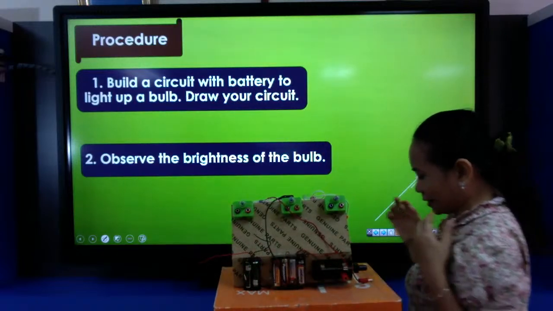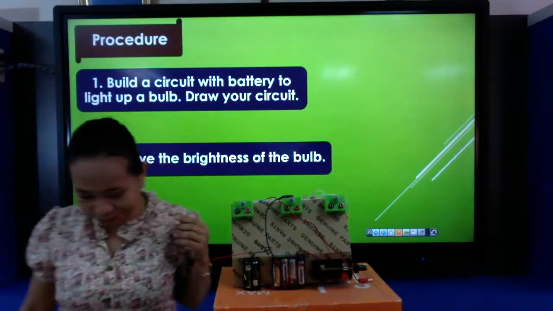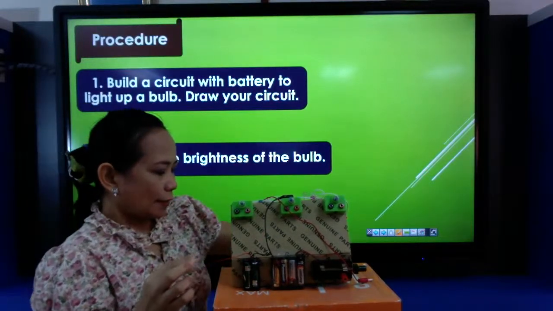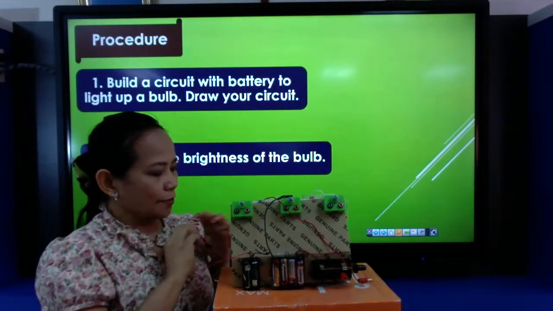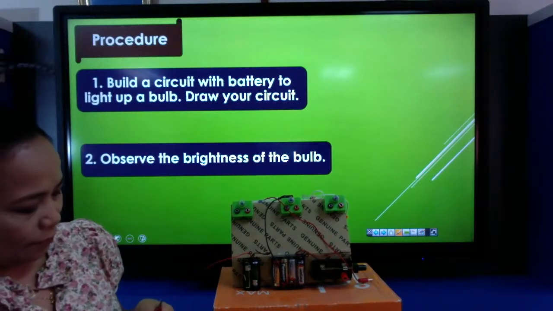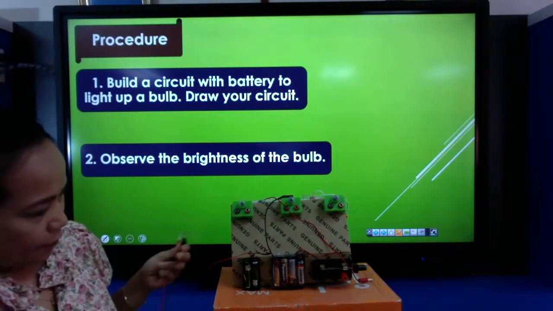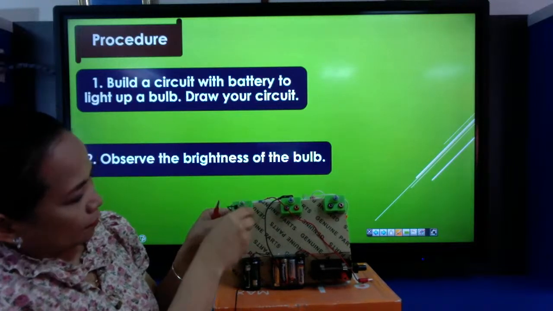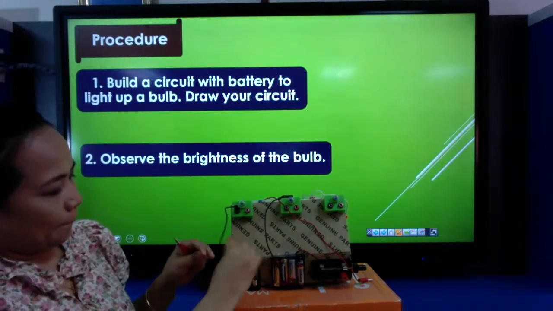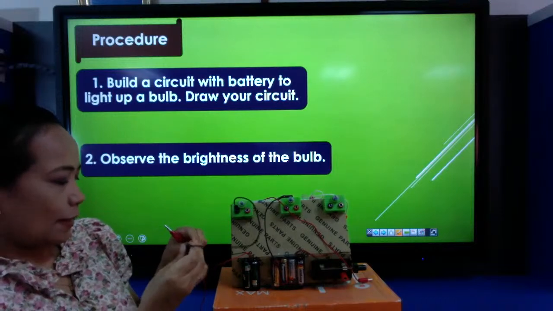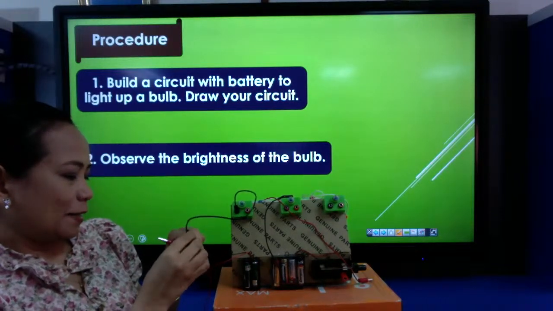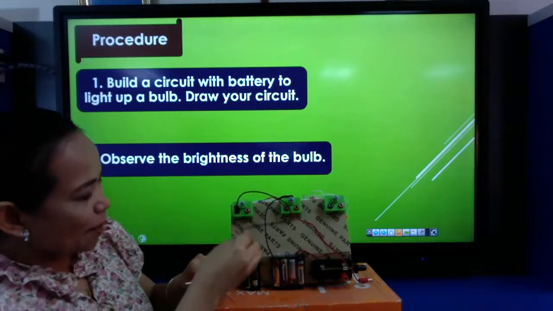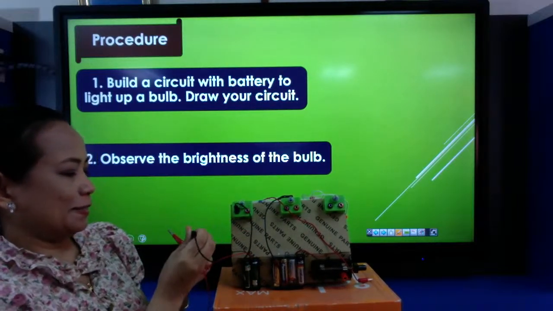Oh, this is what... Okay, so I think I need a connection wire. Does it light up? I hope it works because I had a problem this morning with this.